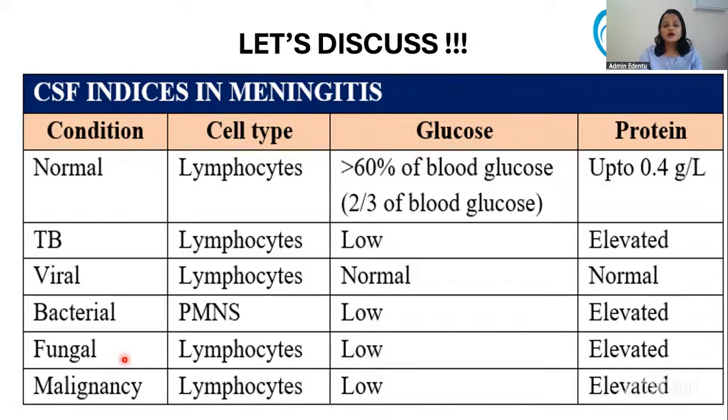Which type of meningitis shows normal glucose and protein levels? It is viral meningitis. Viral meningitis shows normal levels of glucose and protein, and the predominant cell type is lymphocyte. So the answer is viral meningitis.